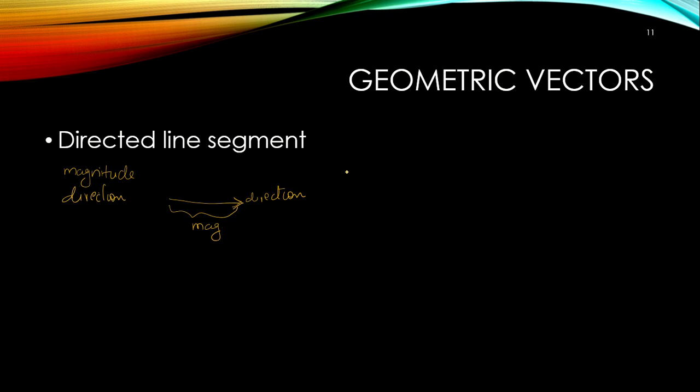And how can we specify that this directed line segment is a vector? Vectors should satisfy the addition operation, addition and scaling. Let us check how geometric vectors show these properties: whether addition of two geometric vectors results in another vector, or when we multiply one with a scalar, whether it results in another vector.